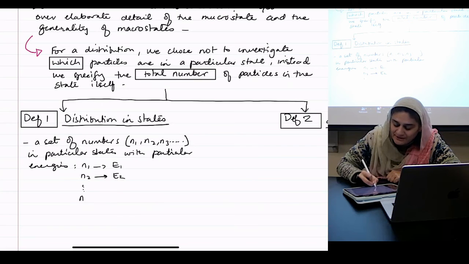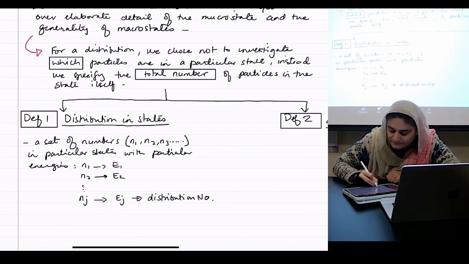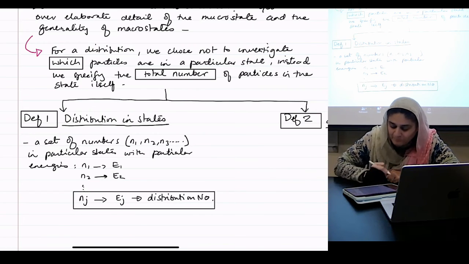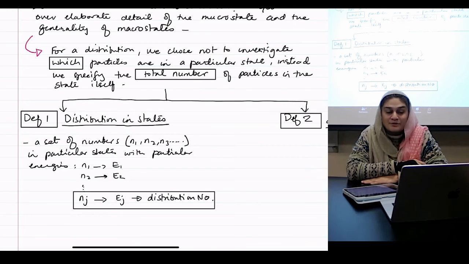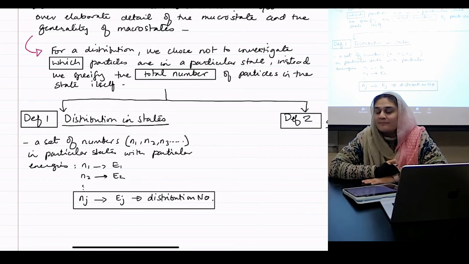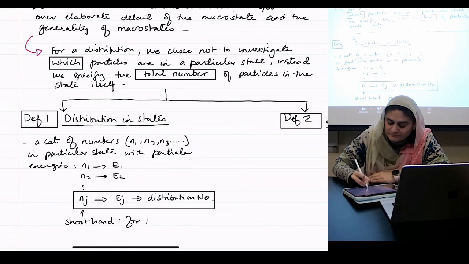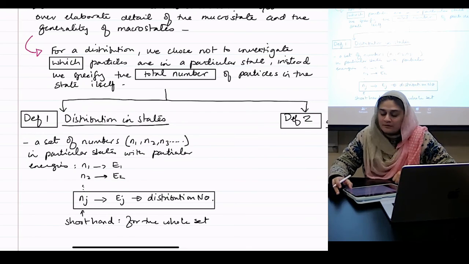Generalizing it until Nj with energy Ej is called the distribution number. In general, that's the shorthand we use: Nj for the whole set. Are we good?